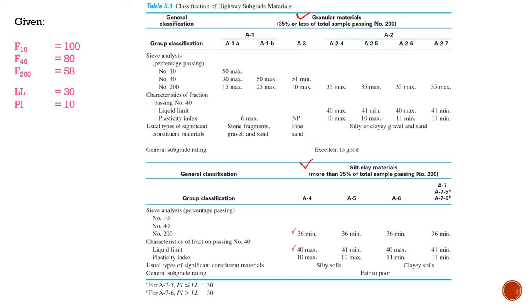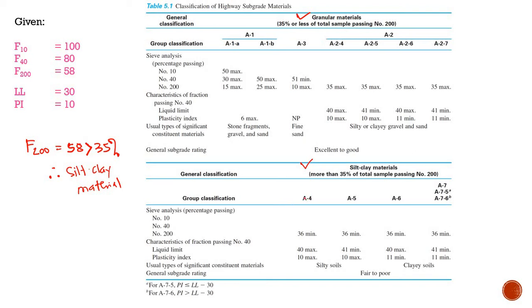So, our F200 is equal to 58, which is greater than 35%. So, if it is greater than 35%, therefore, this is silt-clay material. We are going to use the lower part of the table. So, let's start classifying from here, A-4.